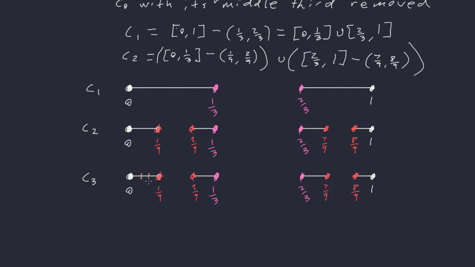We're going to chop this into 3 pieces, this into 3 pieces, this into 3 pieces, this into 3 pieces, and then erase or remove the middle third. And we continue doing this on and on and on.